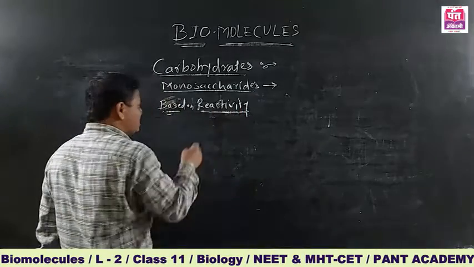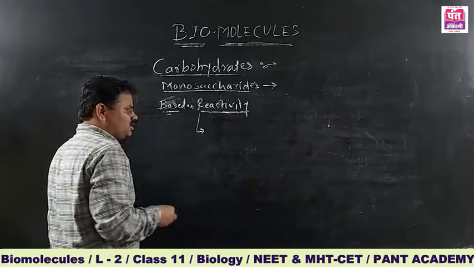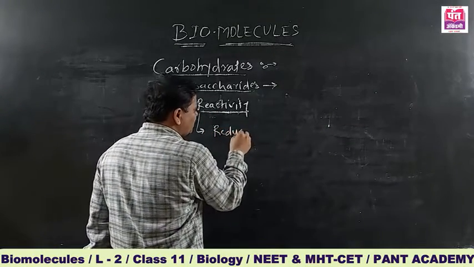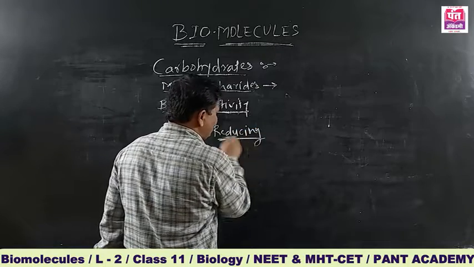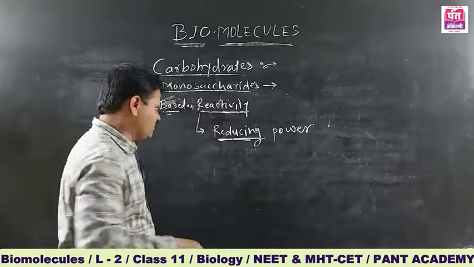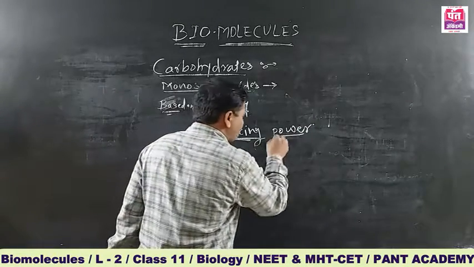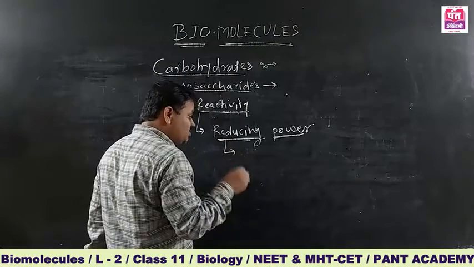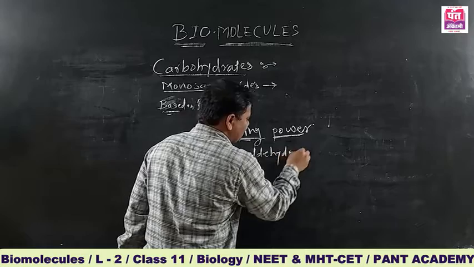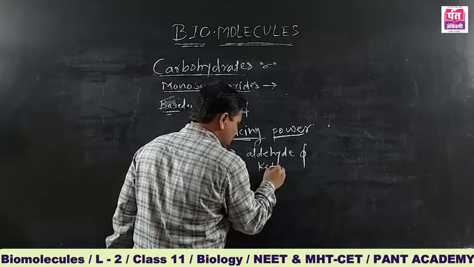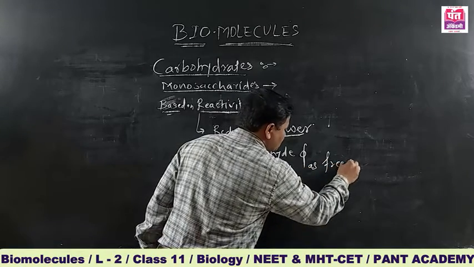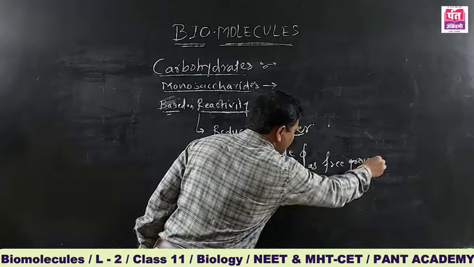For example, if this sugar has a reactivity of a reduction type, if it has reducing power, it must have the aldehyde and ketone as free groups to react.